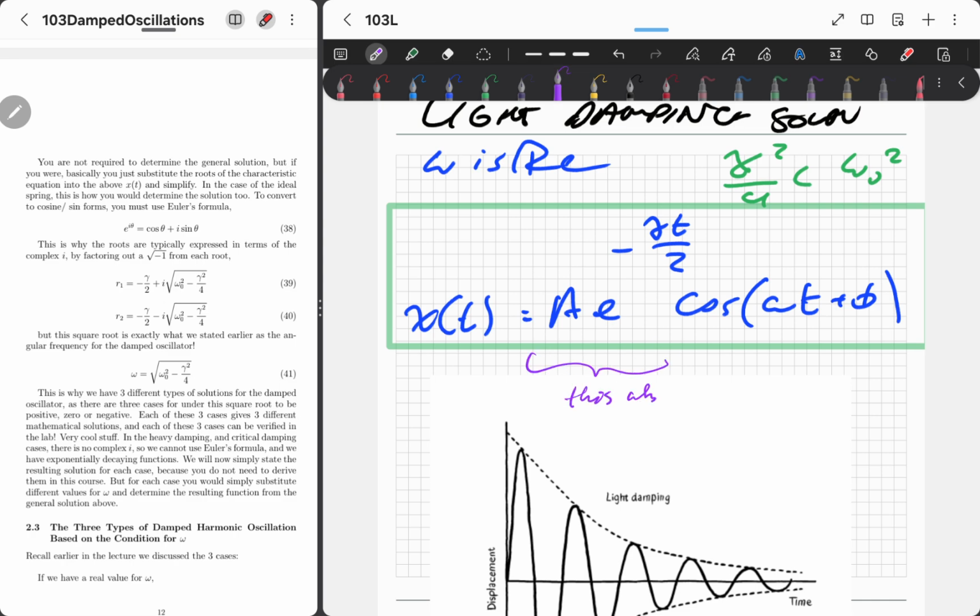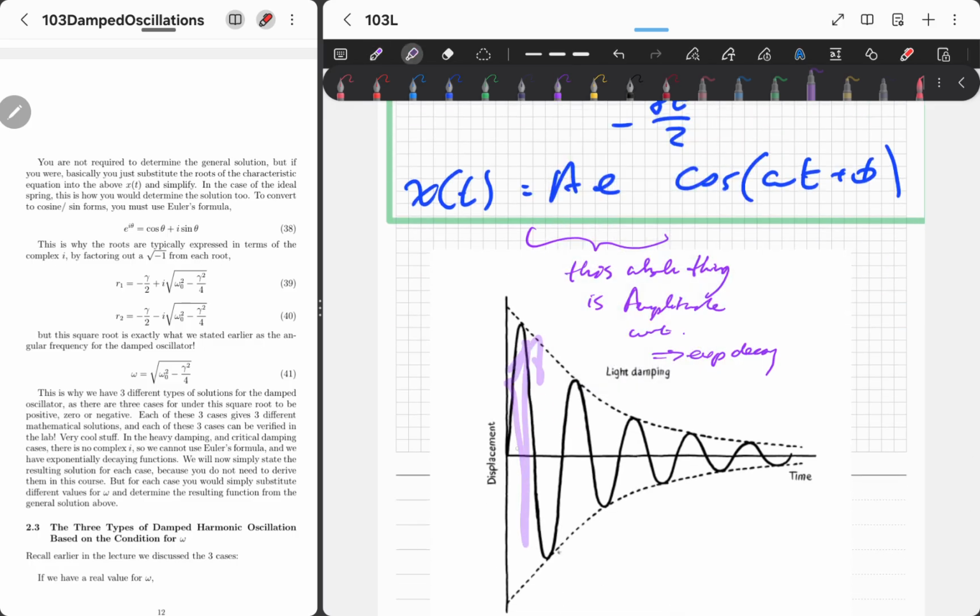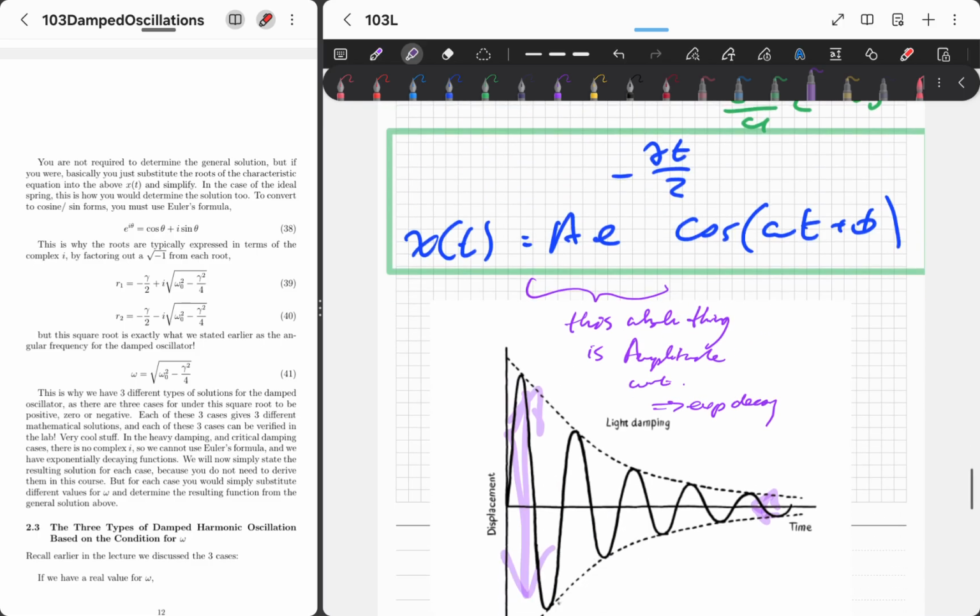And the cosine bit tells us how we're oscillating within that envelope. Okay? So this is why for light damping, we end up coming to the center here. We have a function which literally predicts that. As time goes on, the amplitude gets smaller and smaller until it gets to 0. All these functions for light, heavy, and critical damping will appear on the equation sheet for the tests and stuff.